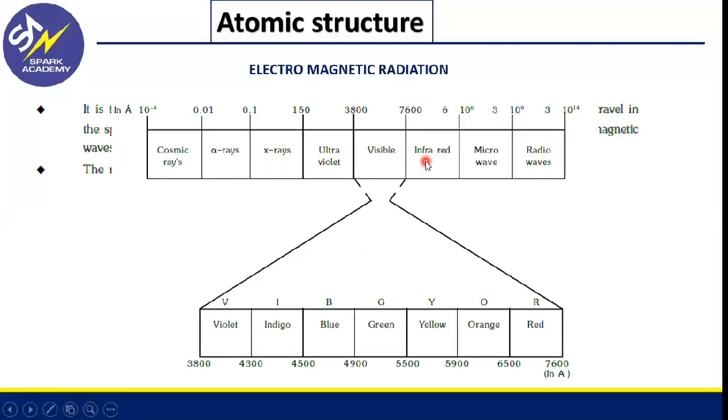Infrared has less energy when compared to visible. Ultraviolet has more energy, that's why ultraviolet is very damaging to the skin. Then we have X-rays through which we can see bones. We have alpha rays, cosmic rays, gamma rays, and we have microwaves and radio waves. Radio waves travel a very long distance because they have a very long wavelength. That is why we can use them for FM and so on.